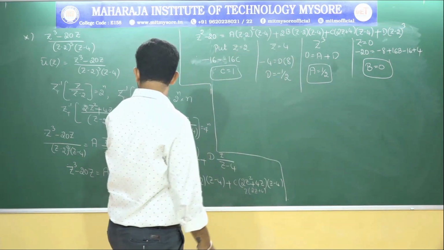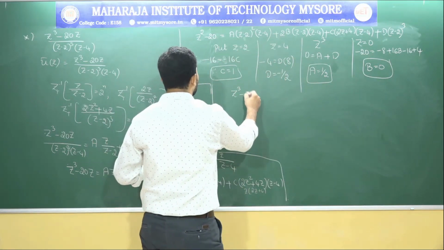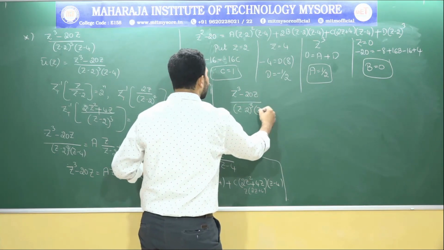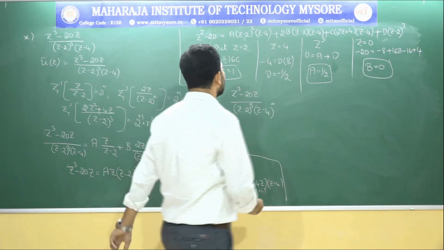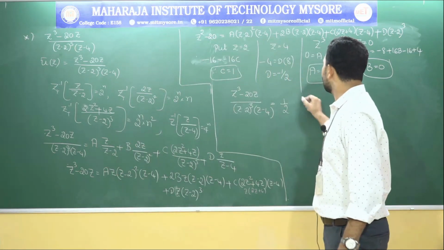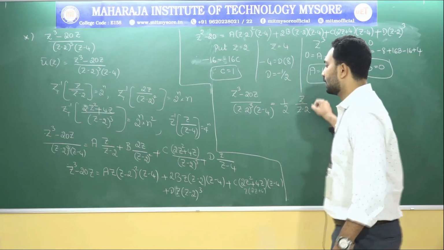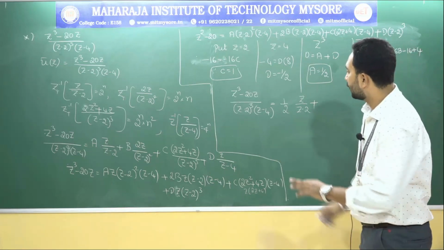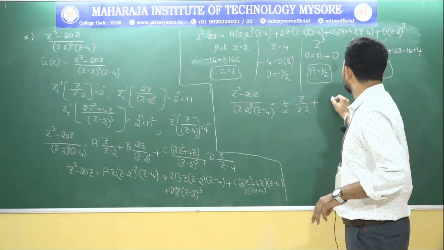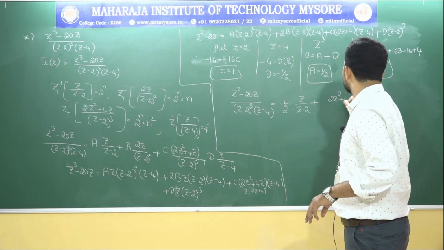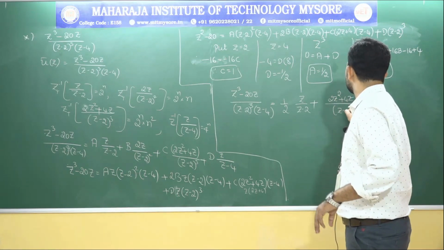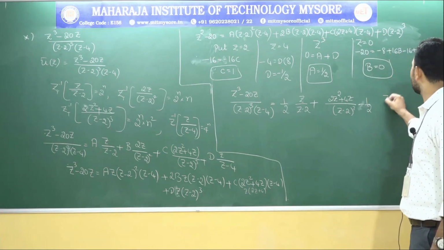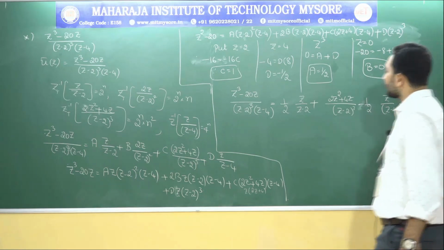So substitute those values here, we'll get (z cube minus 20z) divided by (z minus 2) whole cube into (z minus 4) equals a into z divided by z minus 2, it is 1 by 2 into z divided by z minus 2, plus b into something, we have b equals 0, so leave it. Next is c, 1 into, so directly I can write (2z square plus 4z) divided by (z minus 2) whole cube, plus d into, so we have minus 1 by 2 into z divided by z minus 4.